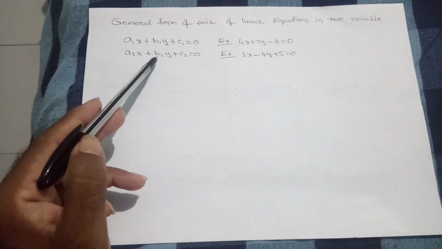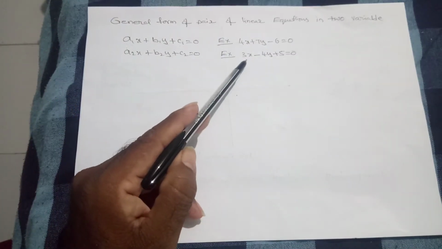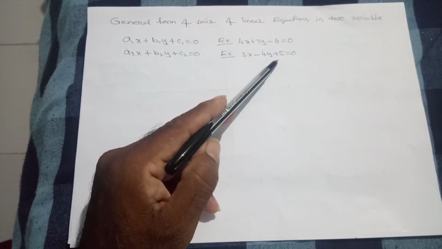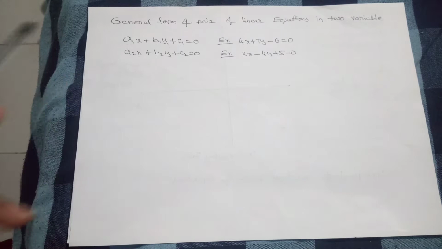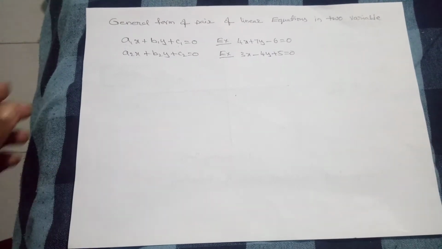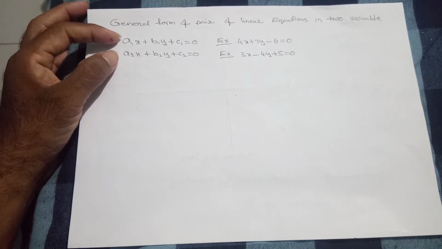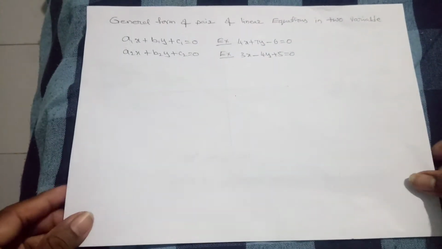Therefore a2, b2, c2 are some constant numbers, and x and y are the common variables for both the equations. So these are the general form of a pair of linear equations, and those are the examples.